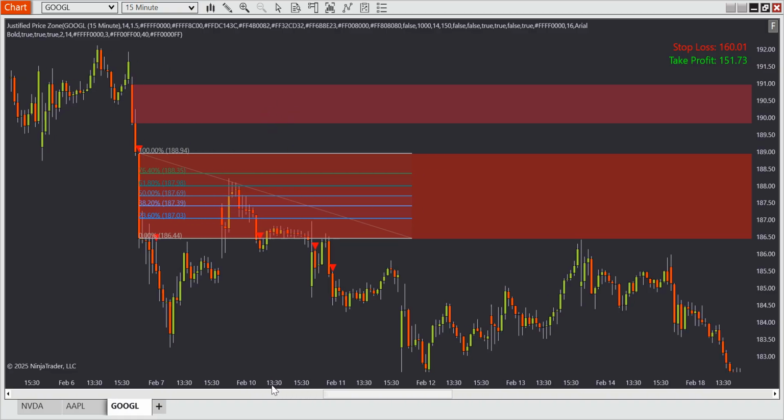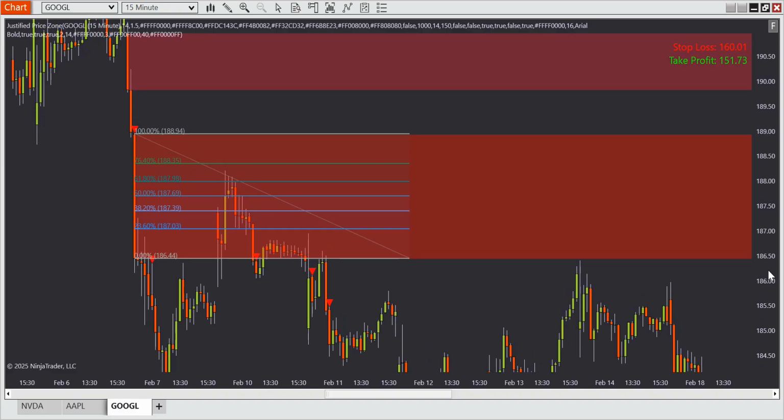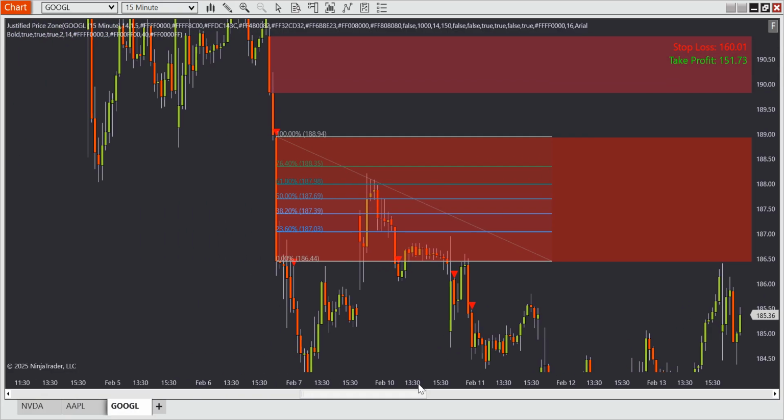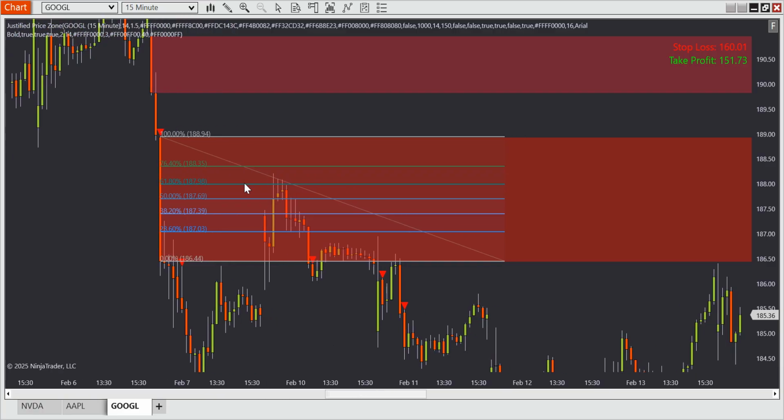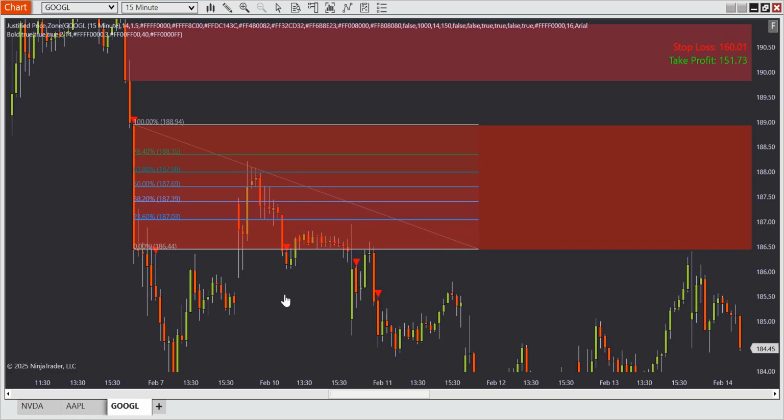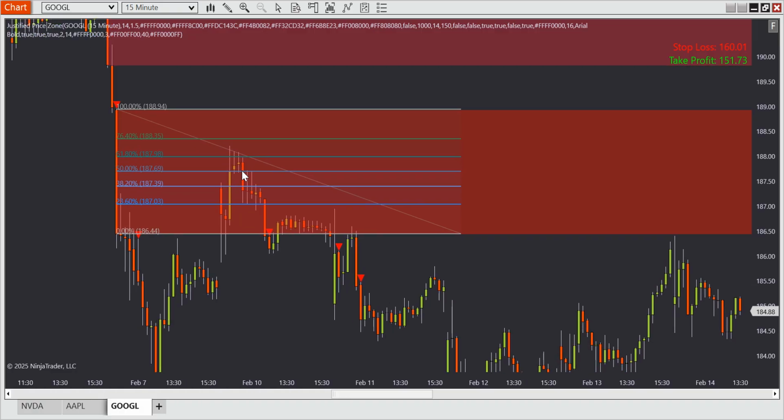And so just something to refine your levels inside of larger zones. If you felt like taking a trade like this, it would be perfectly reasonable. So here we have the 50% of the zone, wicks into the 61.8, but quickly pushes away from the equilibrium level of the zone.